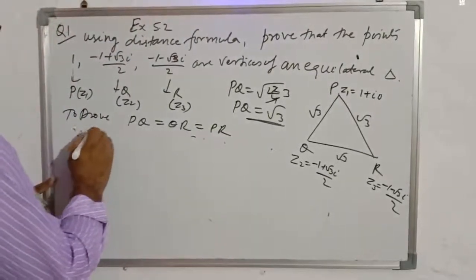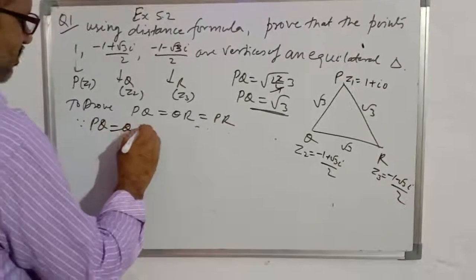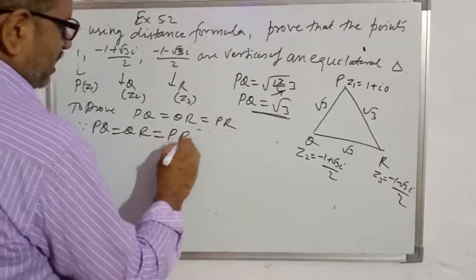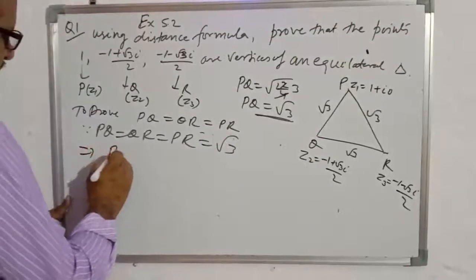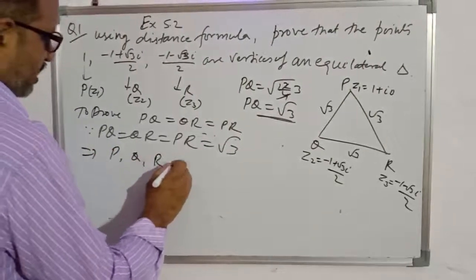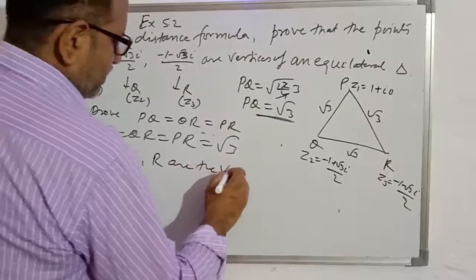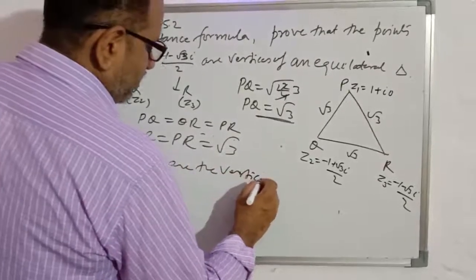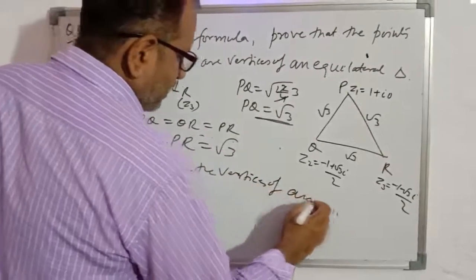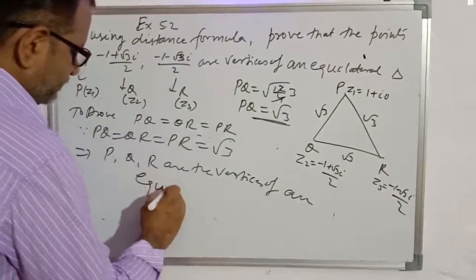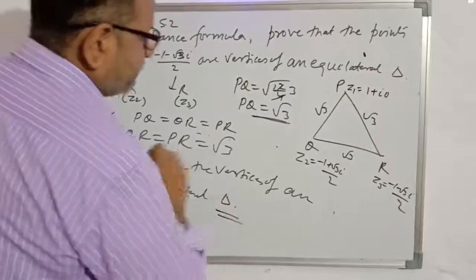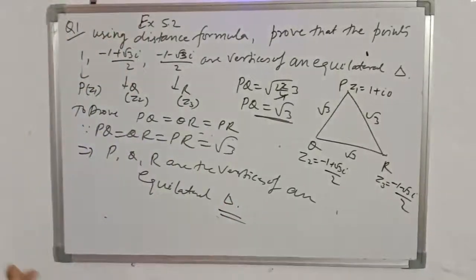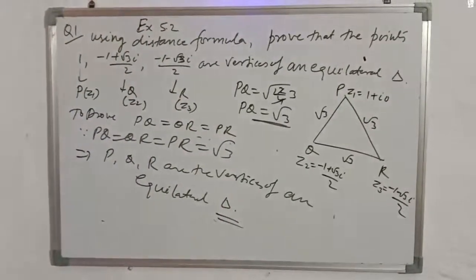Since PQ is equal to QR is equal to PR, all equal to root 3, this implies PQR are the vertices of an equilateral triangle. So using distance formula we have to prove it.